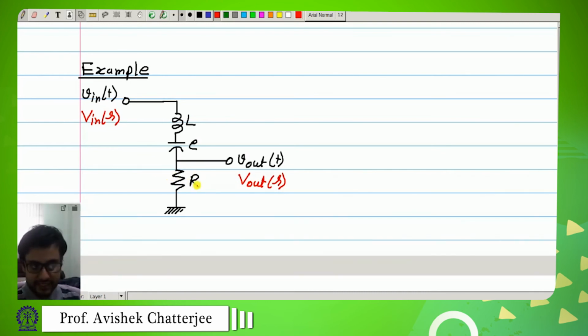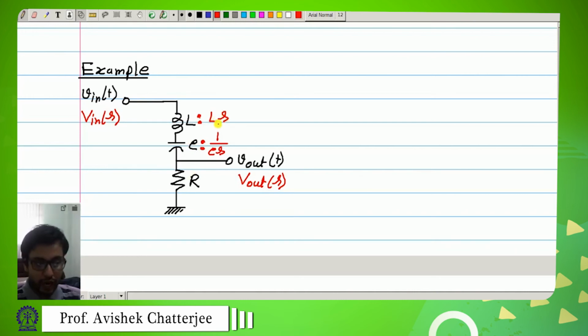For a resistance, it is the same, R. For a capacitance, it is 1 by Cs, and for an inductor, it is Ls.